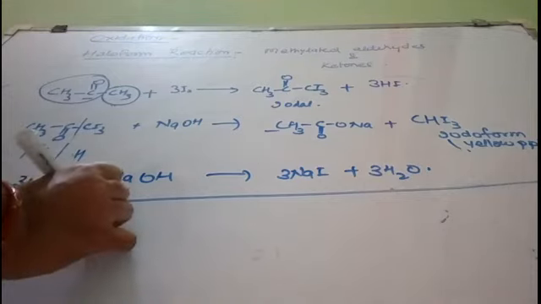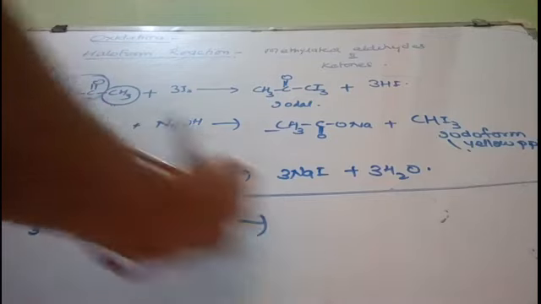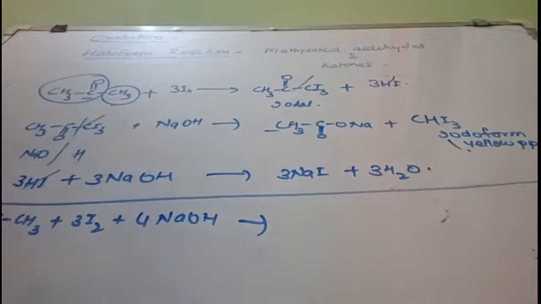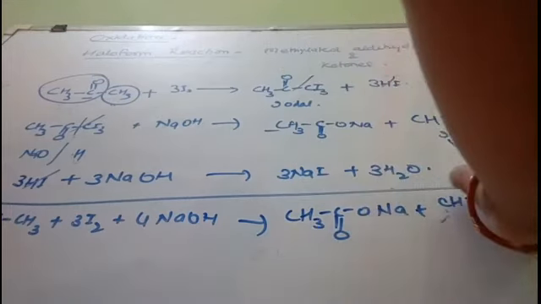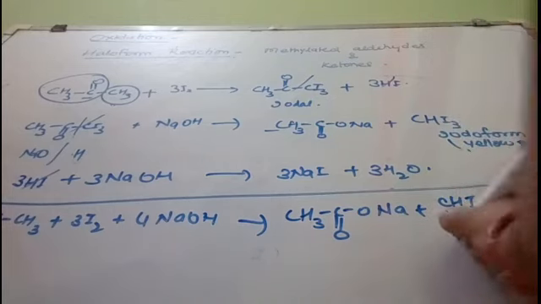You can have a net reaction, that when acetone reacts with 3I2 plus 4 NaOH, this will cancel out, this will cancel out. You will get the sodium salt of carboxylic acid, iodoform, sodium iodide and water.